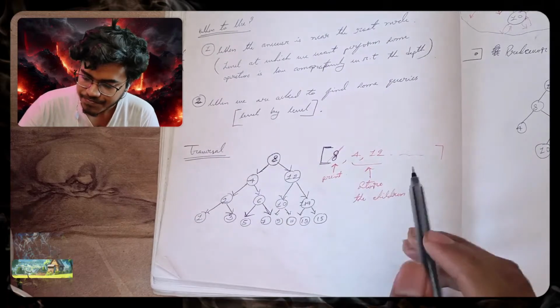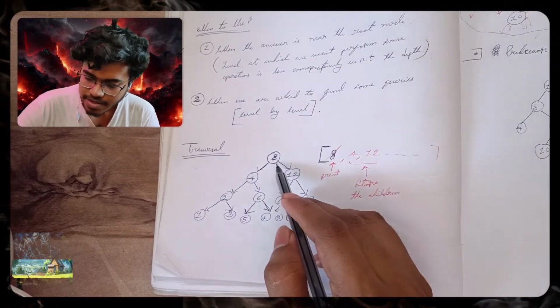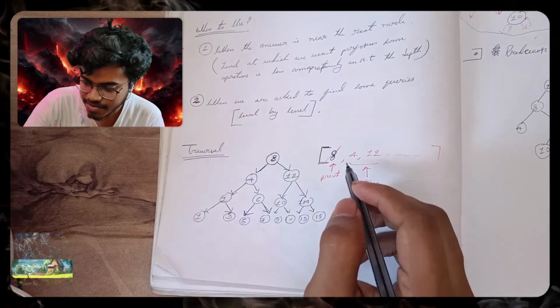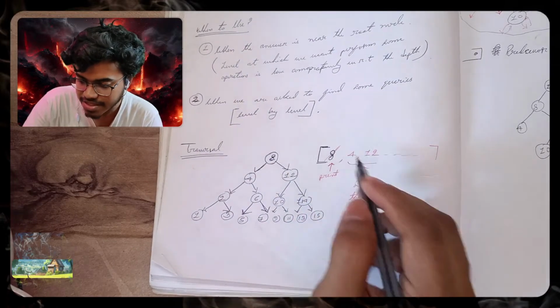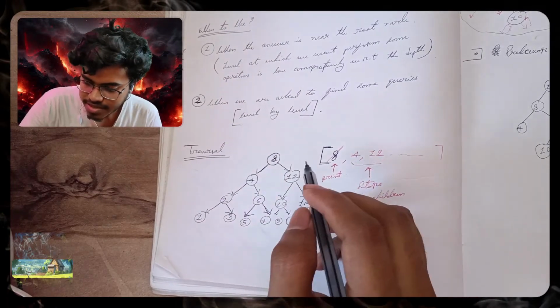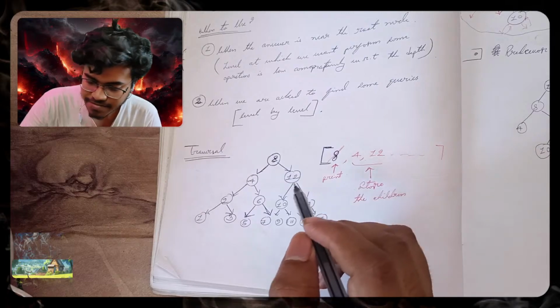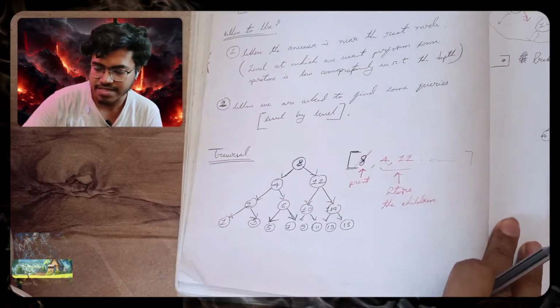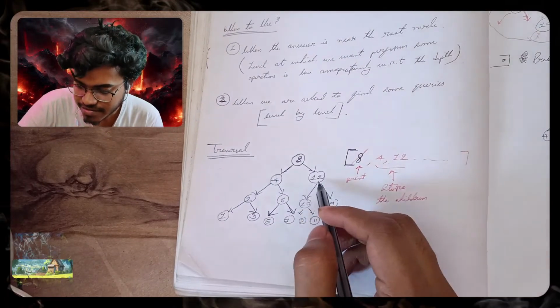So 8 was inserted first, okay, then we print 8, and after printing it, the work of 8 is finished, so we now have to pop 8 out. But the next node that we want to go to in breadth first search or level order traversal are the two children of 8.